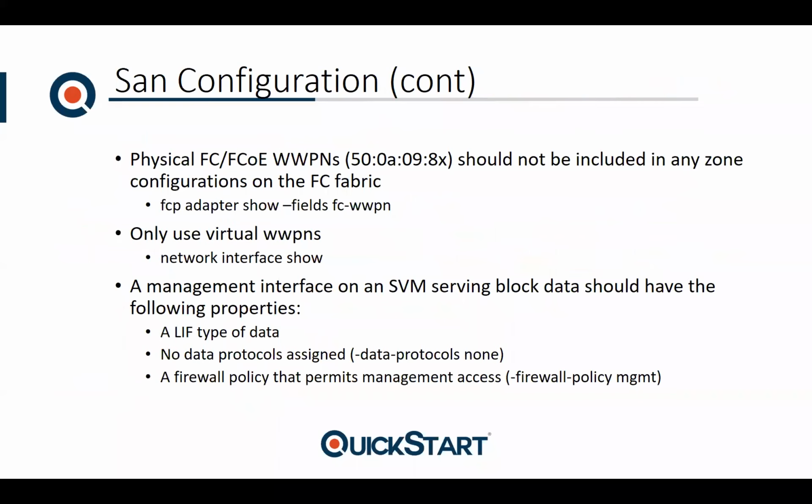Okay. And then just to continue, as I said, all of these WWPNs are virtual. However, the nodes themselves actually have WWPNs. And in fact, they are consistently identified as 50:0a:09:8, whatever. So we don't want to zone for those, right? That's the matching of which WWPNs can see each other. We don't want to zone for those.